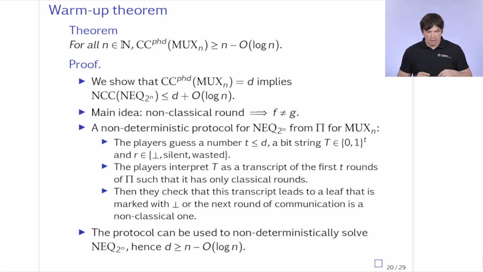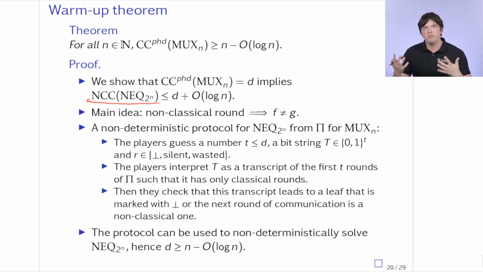All right, so here is how we can prove existence of a hard function. First of all, we need to prove that the multiplexer requires n bits of communication, and we're doing this by reducing the non-deterministic communication complexity of non-equality on strings of size 2 to the n to the multiplexer. So that makes sense, right?